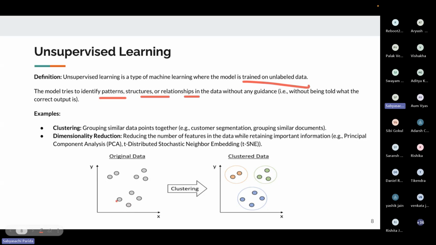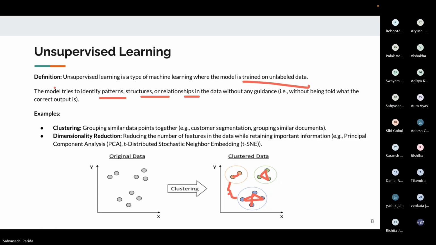So based on distance metrics, it tries to predict that all these blues are similar to each other and all these greens are similar to each other and all these oranges are similar to each other, because the distance between these data points is low as compared to the inter-distance between these clusters.